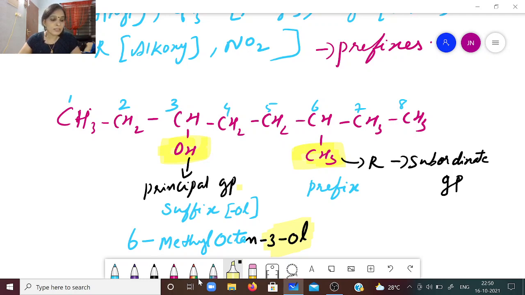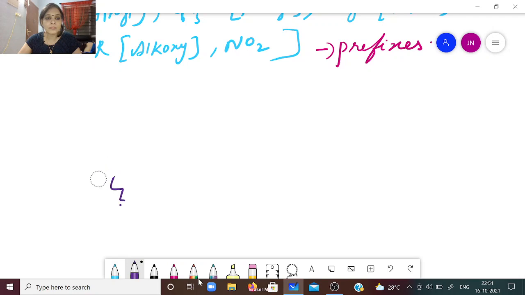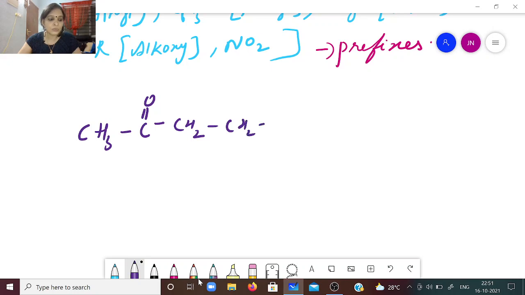Okay. Now the next compound, I am writing this. You can write down the examples and all. Then next is another compound, that is CH3, C double bond O, CH3, CH2, CH2, CH2, COOH.